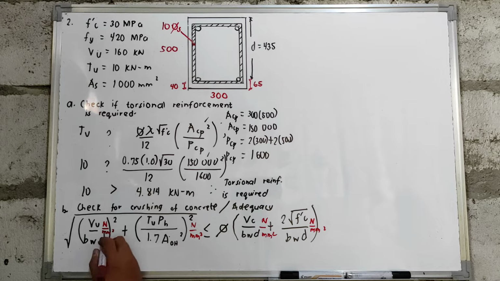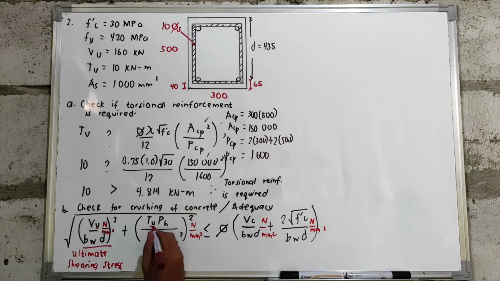So yung una natin dito is etong part na to. This is what we call ultimate. Sinabing ultimate, sir, kasi nga yung subscript natin is u, meaning to say, naka-factor na yung loads natin dyan. So this is our ultimate shearing stress. And eto naman yung susunod nating values.